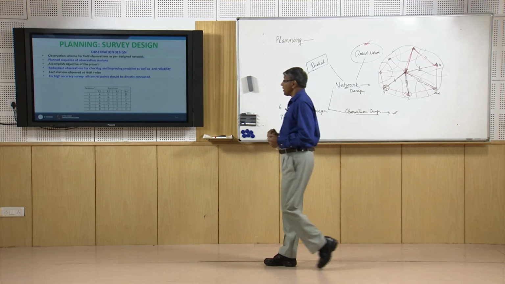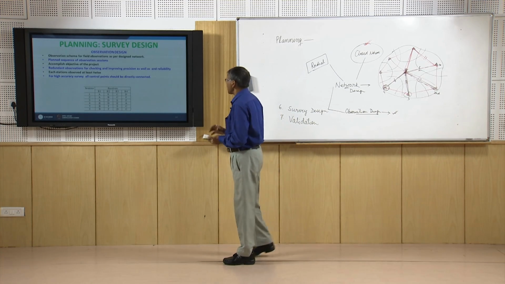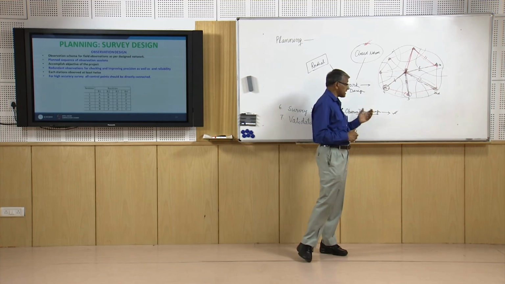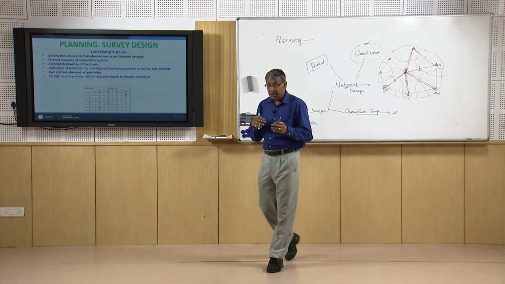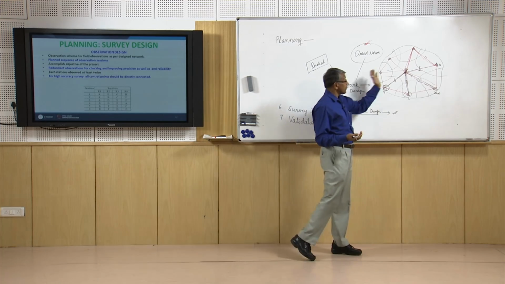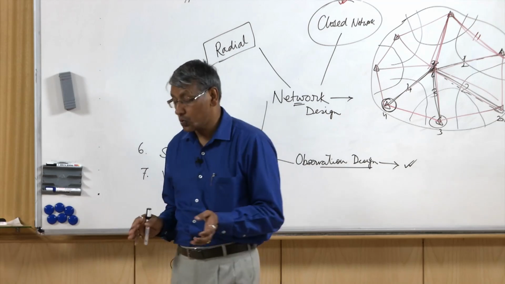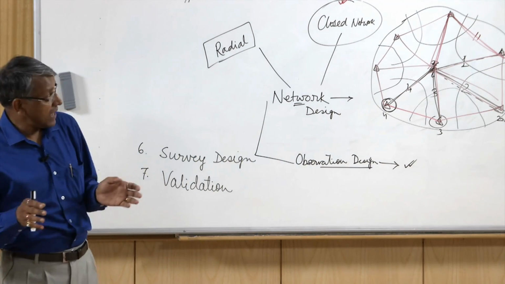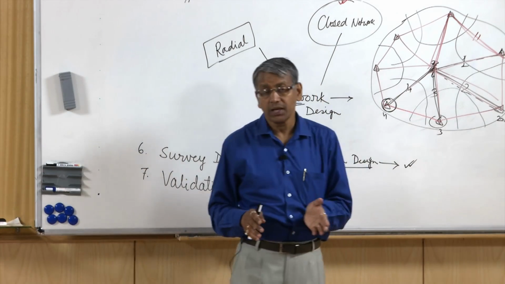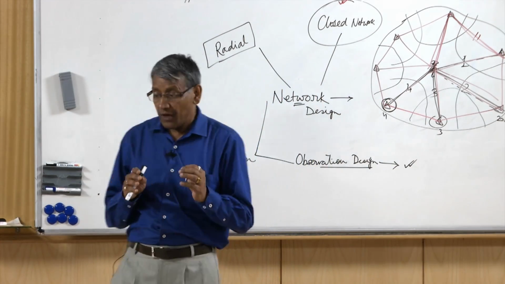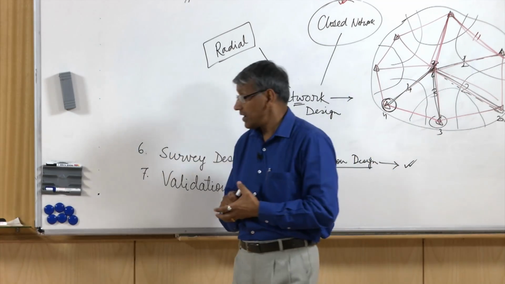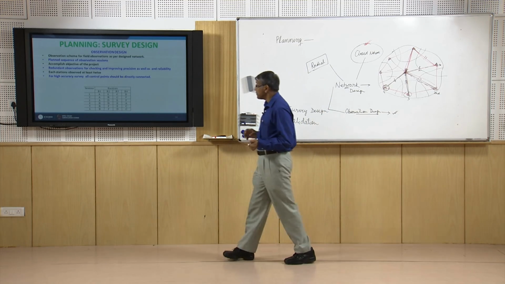This is the most important thing, and another important thing during observation design is that there should be some redundant observations, so that this redundancy will help us to check many errors, as well as improve the precision as well as reliability of our result. So, redundancy in observation is also very important.